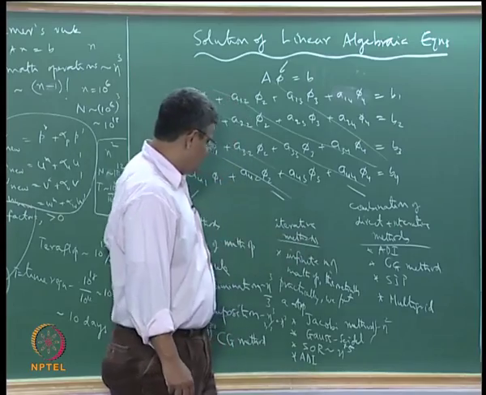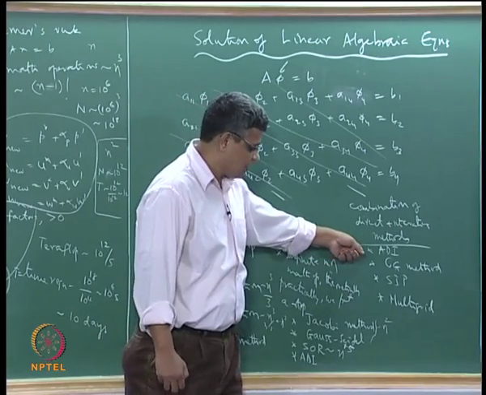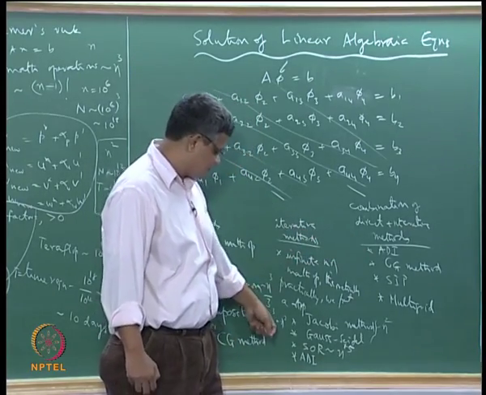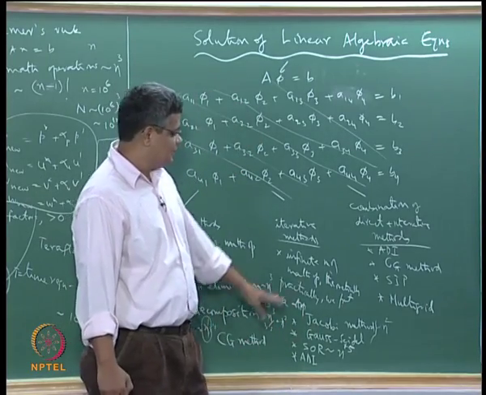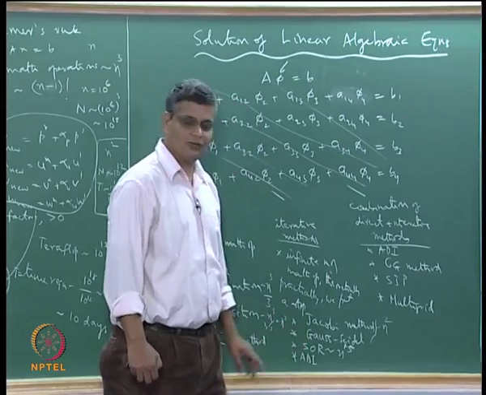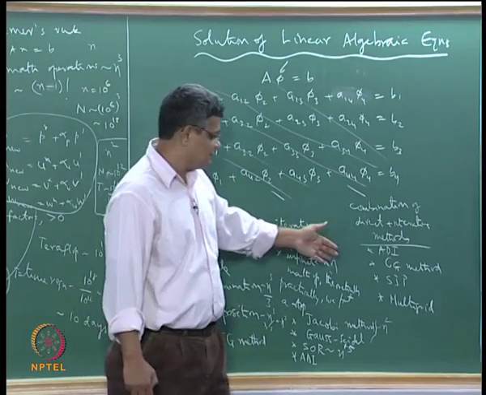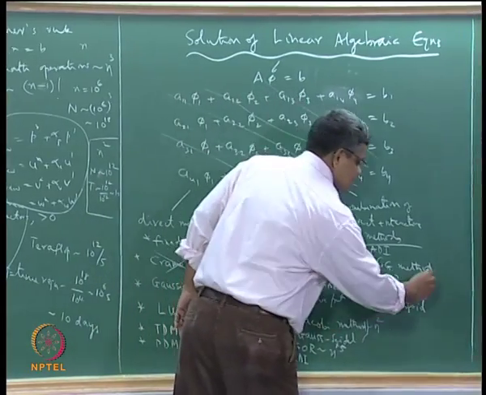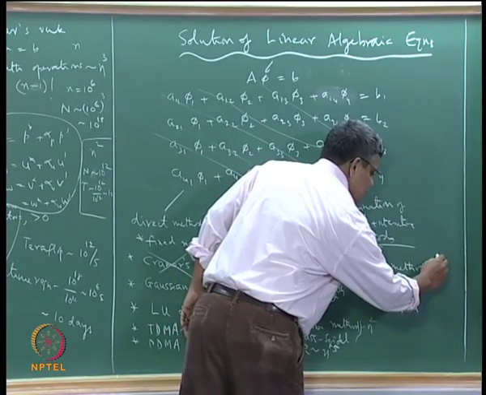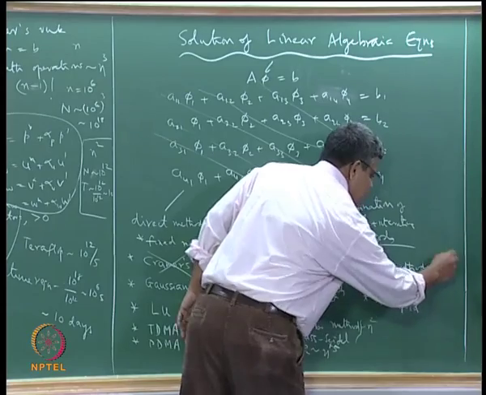ADI is a combination of these two. It gives a faster rate of convergence than, say, a simple Gauss-Seidel method, but probably not as fast as the SOR method. Conjugate gradient would be very good, and in its simplest form I think it can go up to n to the 1.25.